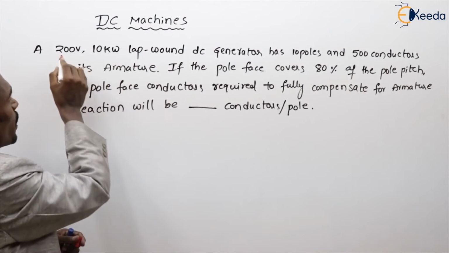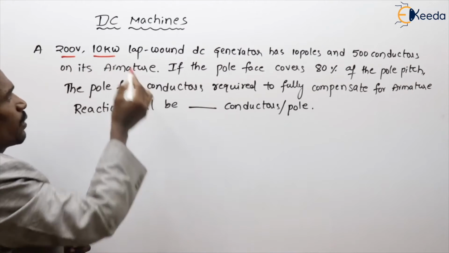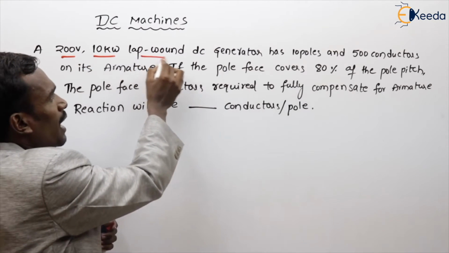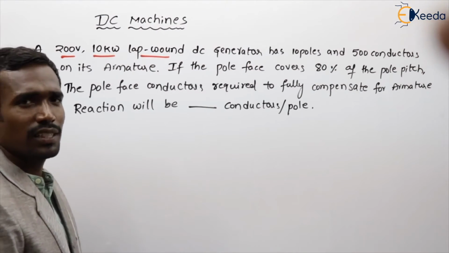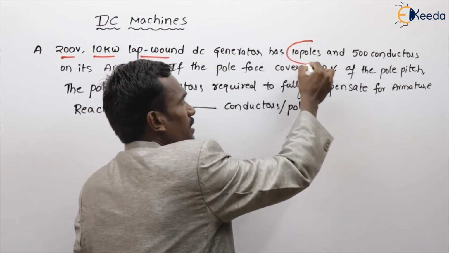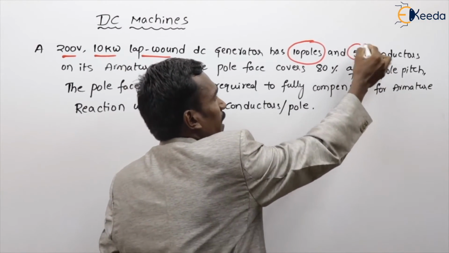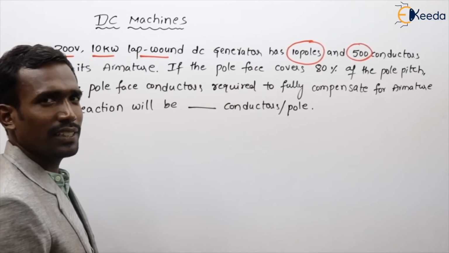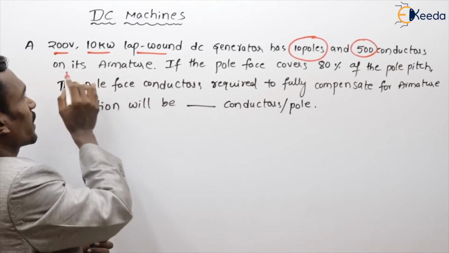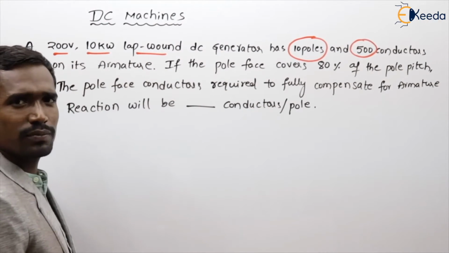A 200 volts, 10 kilowatts lap wound DC generator has 10 poles and 500 conductors on its armature.